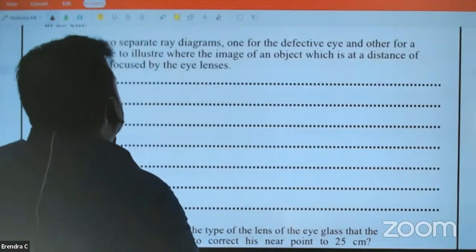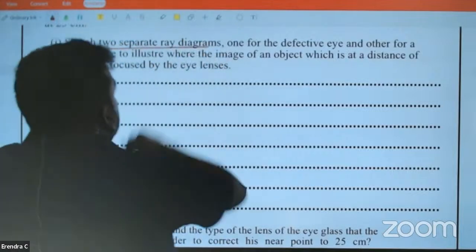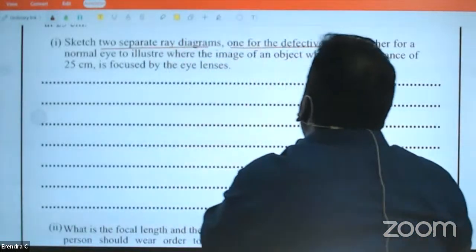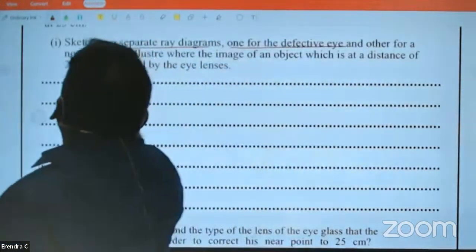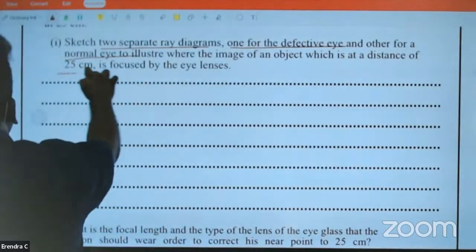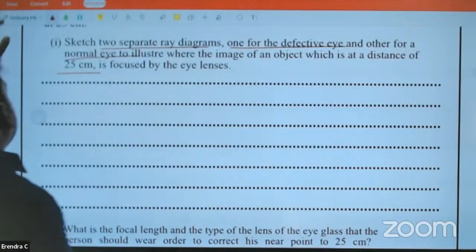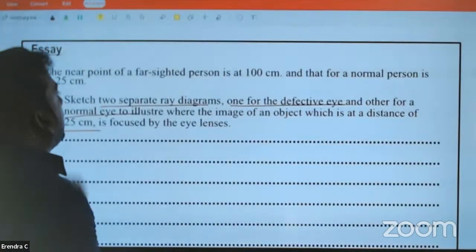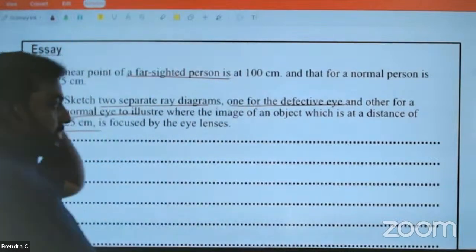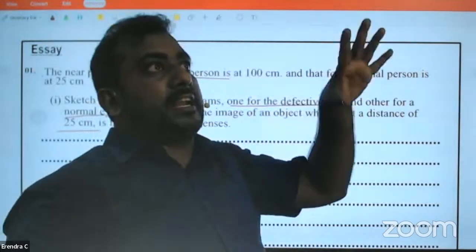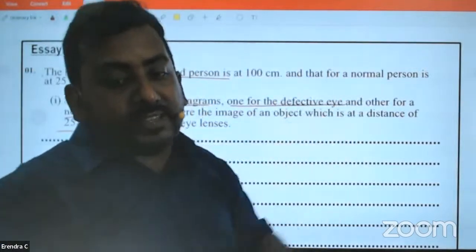Sketch two separate ray diagrams, one for the defective eye and the other for the normal eye, to illustrate when the image at a distance of 25 centimeter is focused by the eye lens. The near point of a far-sighted person: this person can see infinity but cannot see 25 centimeters.